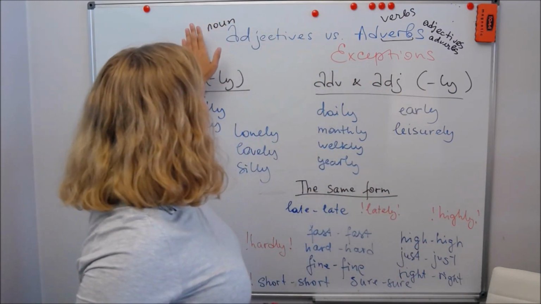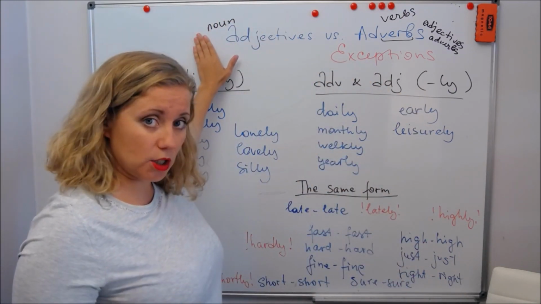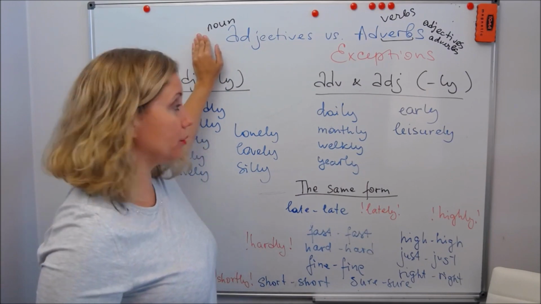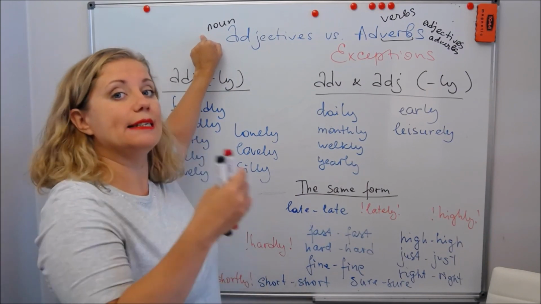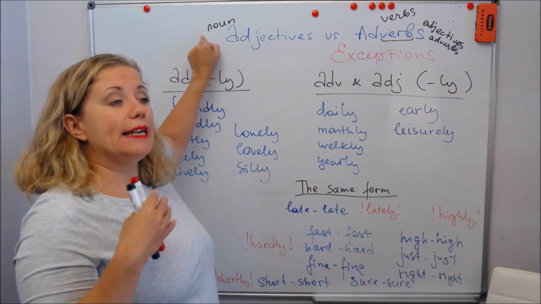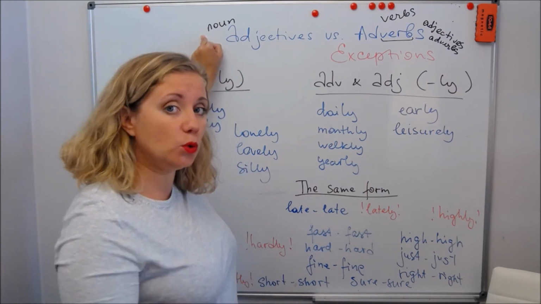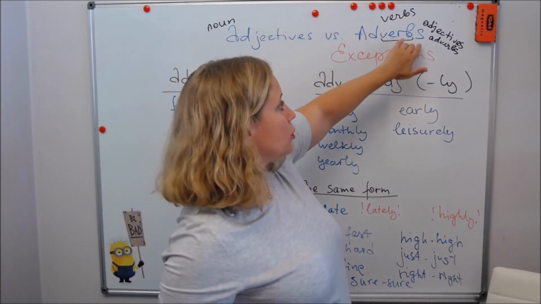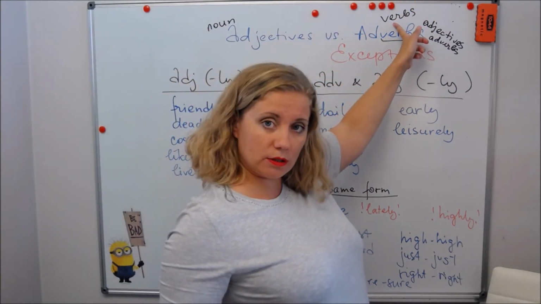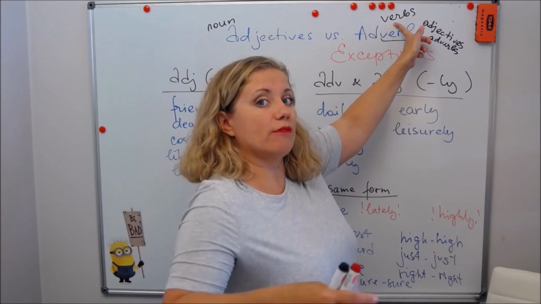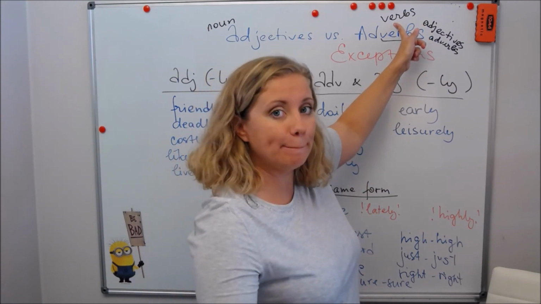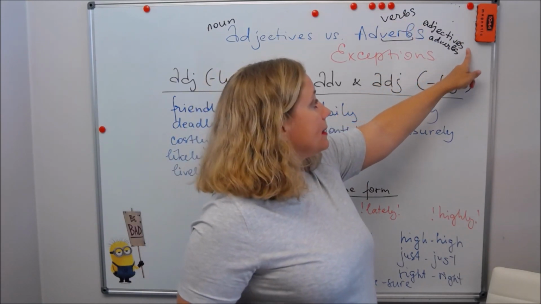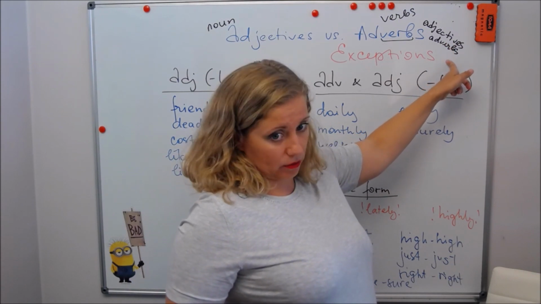So you use adjectives either as single words or characterizing nouns, being placed before the noun: beautiful weather, beautiful singing. And adverbs characterize actions, verbs, to do something, how, in which manner, or they characterize adjectives or other adverbs.